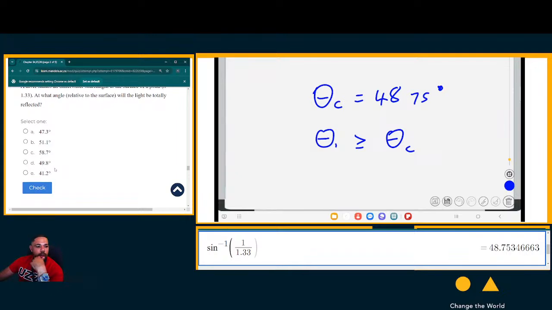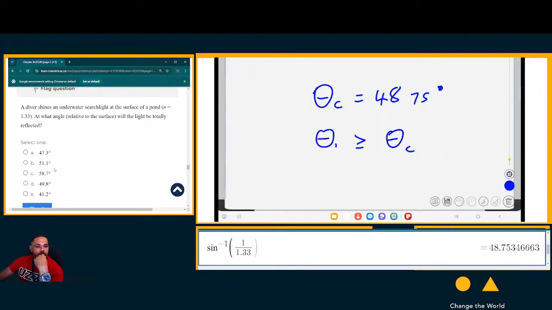Did I do that correctly? I think I might have missed something. I earlier got a different value here.